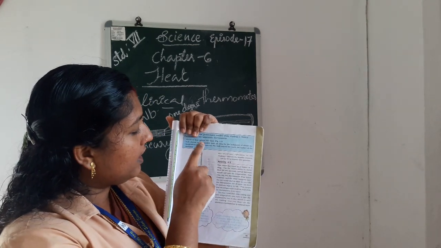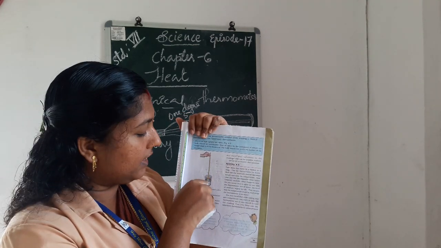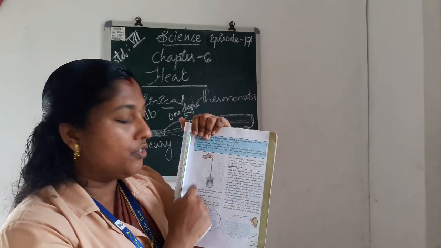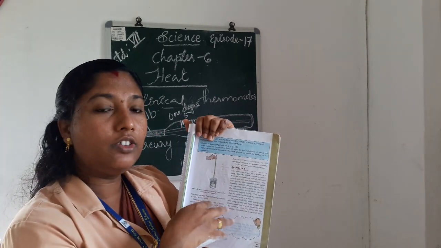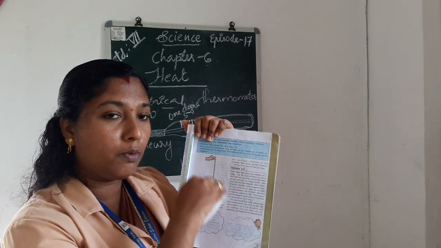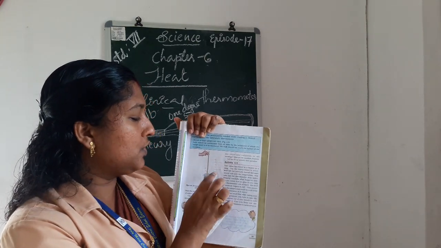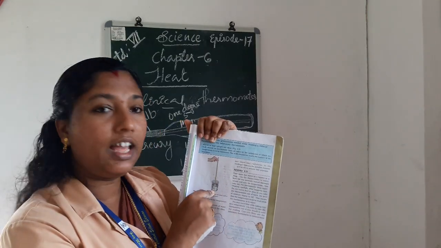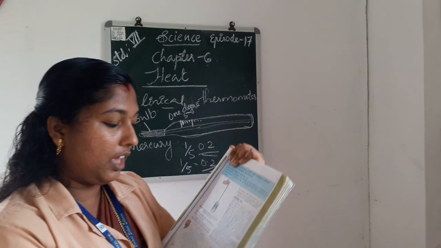If we take it out of the beaker, the reading will change. The mercury goes down. So we should take the reading of a thermometer inside the beaker. Okay, all of you understood?